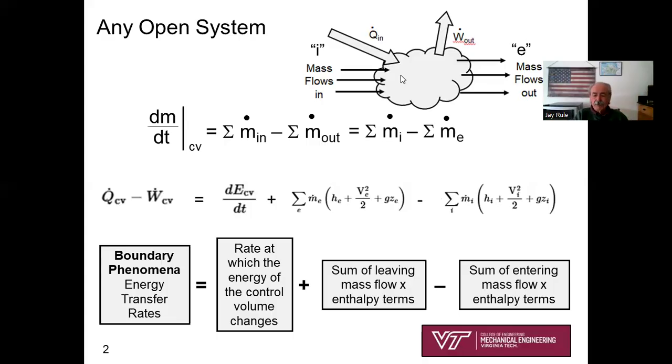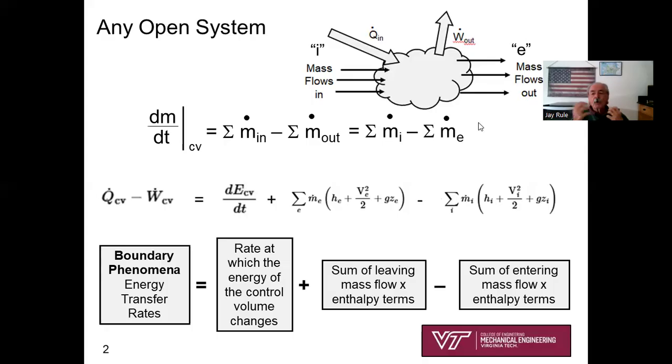Okay, and that's simply made up of if you sum up all the mass flows in, getting fatter, okay, and subtract off all the mass flows leaving, getting skinnier, that's an expression of the rate at which the mass of the control volume changes. And you say, okay, I think I can live with that. We didn't have any specific homework problems exactly with that, maybe a little bit, but not a whole lot.